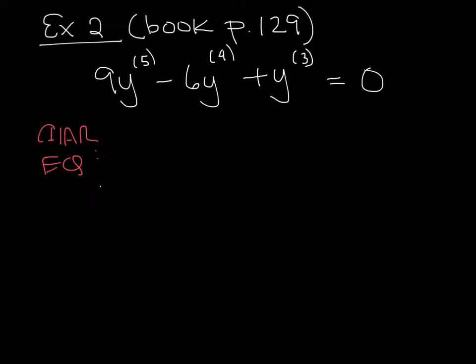And our characteristic equation is going to be 9r, right, for roots, 9r to the fifth, minus 6r to the fourth, plus r cubed. Right, this is our associated characteristic equation to our given differential equation above.